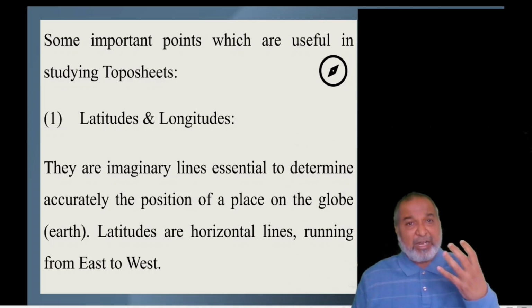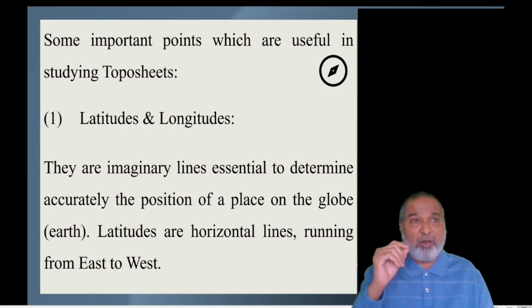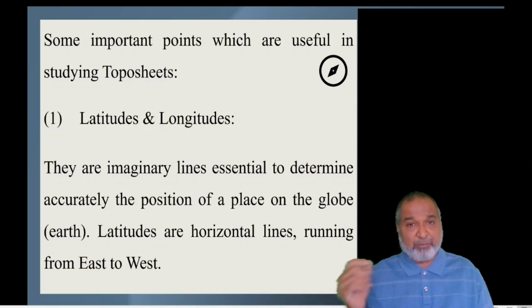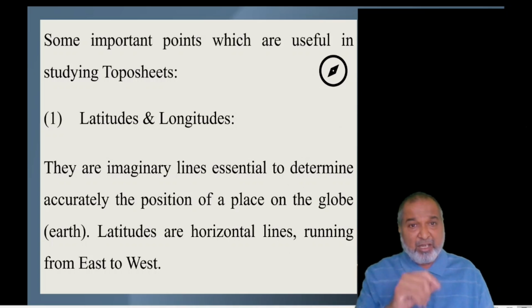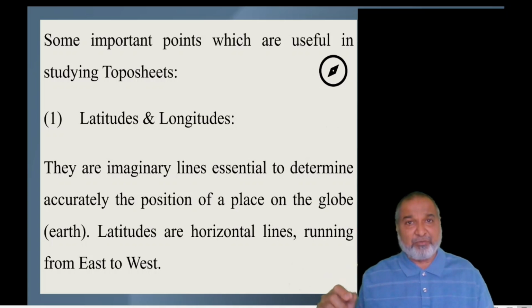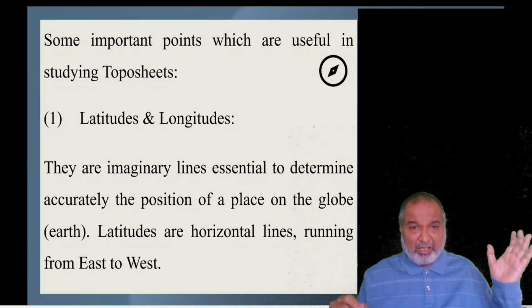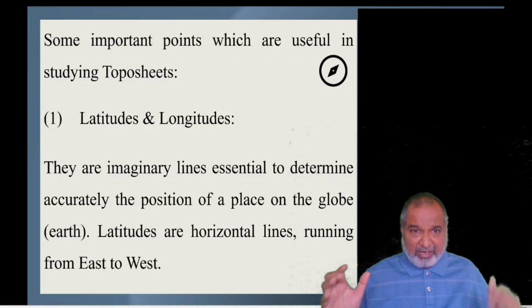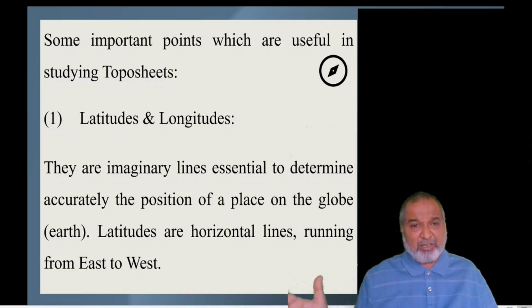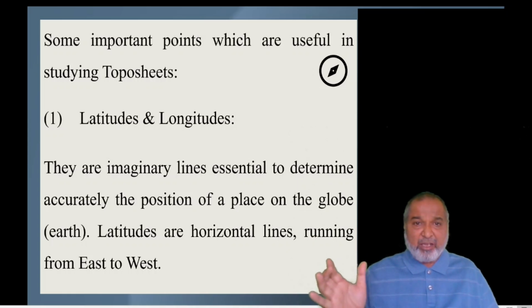And what are latitudes? Latitudes are the horizontal lines, running from east to west. Remember, latitudes run from east to the west, that means from your right hand to the left hand, because east is to your right hand and west is your left hand.